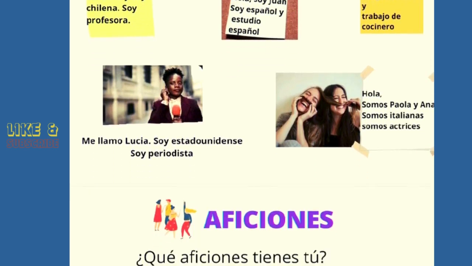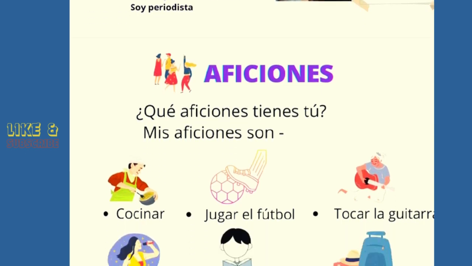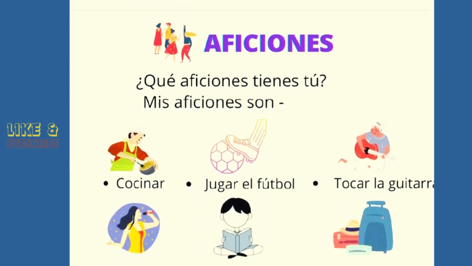Let's move ahead. Okay. So next topic we have aficiones. Aficiones means hobbies. And the question is, ¿qué aficiones tienes tú? Qué means what. Aficiones is hobbies. Tienes means the verb is conjugated in the form you have, and tú is a personal pronoun, you.